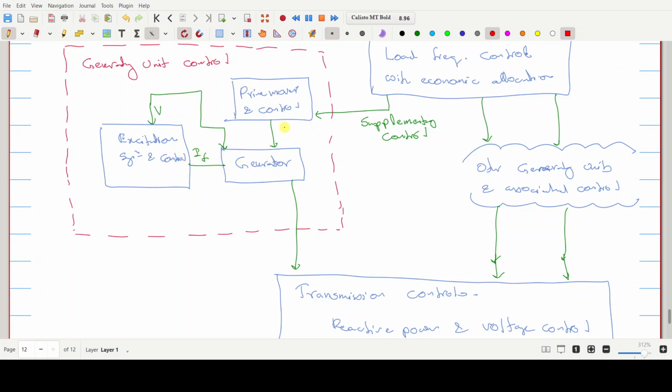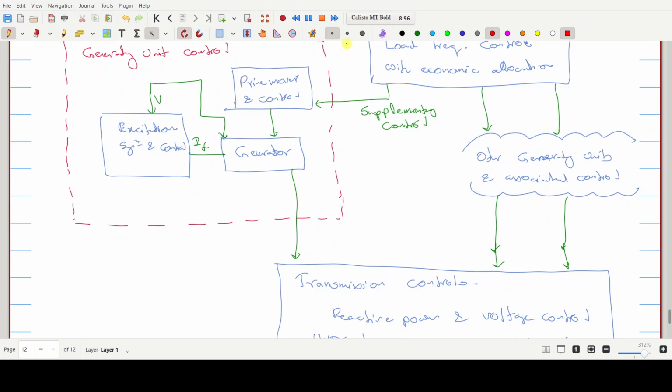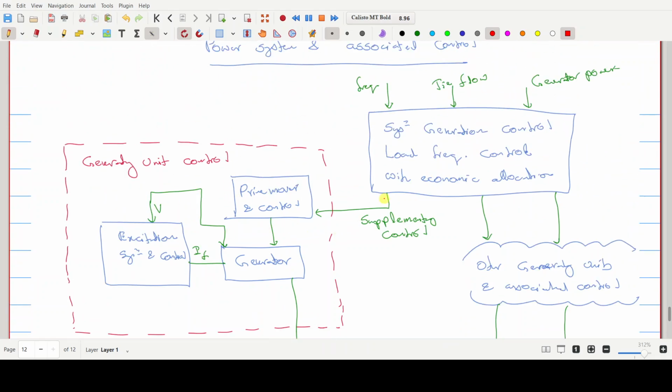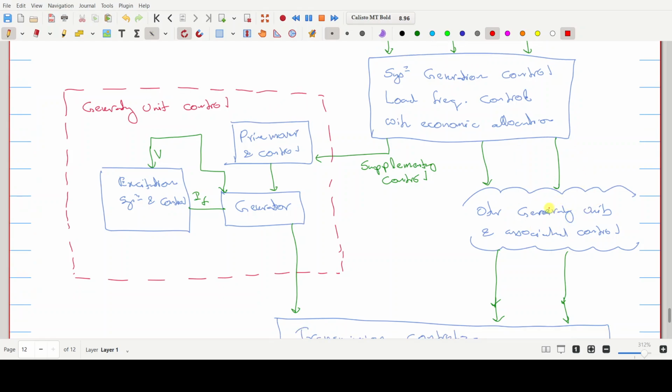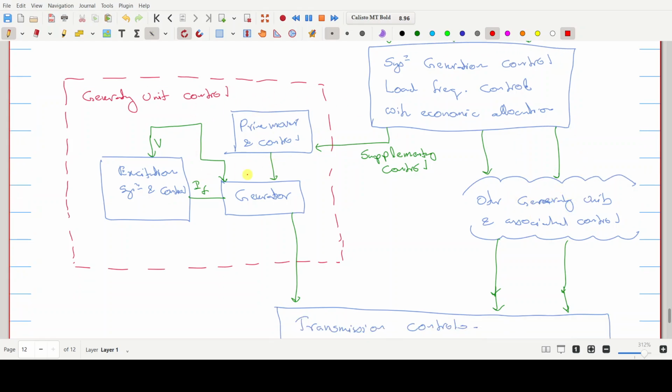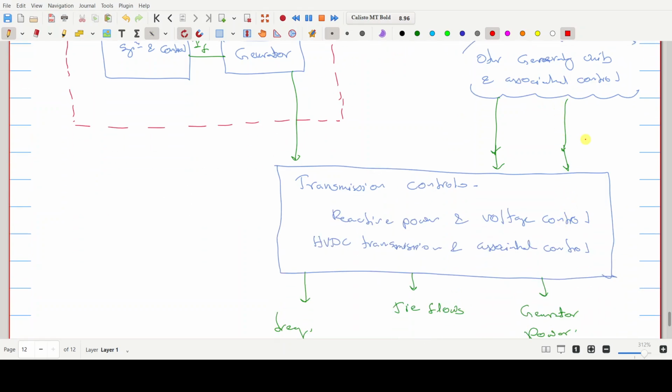And there are other generating units and the associated control in the power system. So this is a single generating unit. There could be many such generating units performing the automatic generation control. And all those controls will eventually be seen by the transmission line.